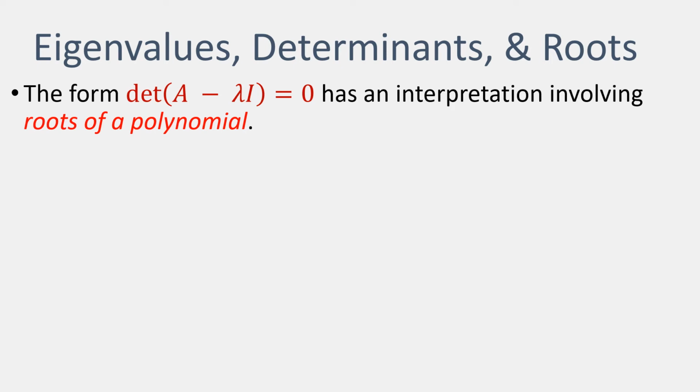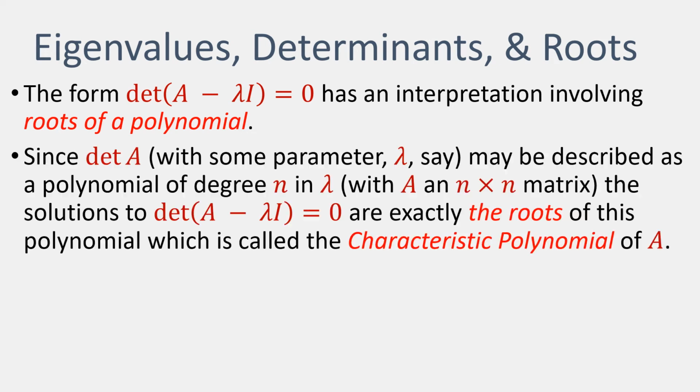So we can interpret this problem of finding scalar values which make this determinant take the value 0 as a problem involving finding roots of a polynomial. The determinant of any matrix with some parameter may be described as a polynomial of degree n in the scalar value.